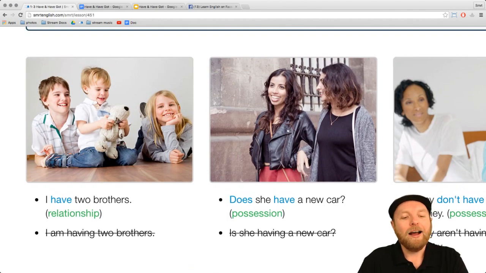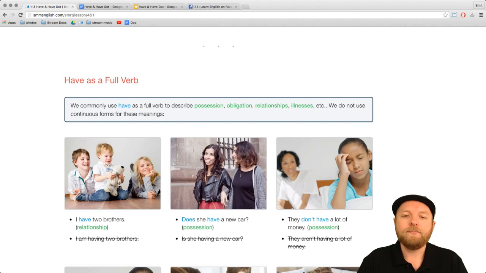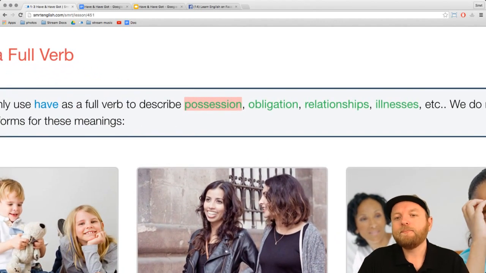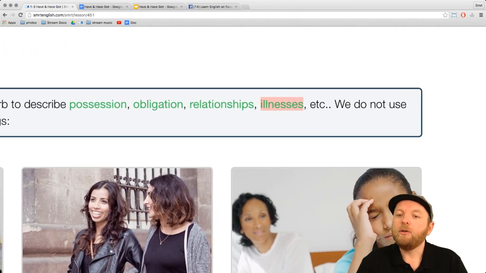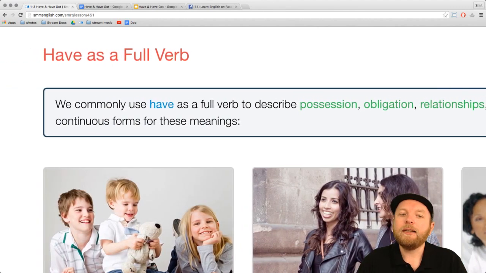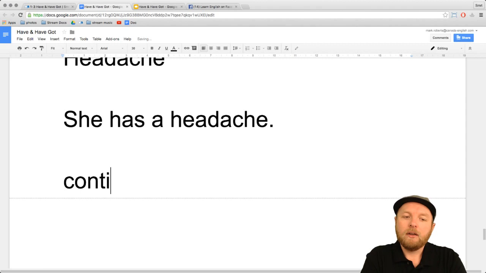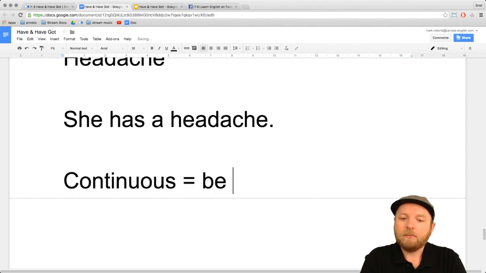Now, I forgot to talk about this, guys. When we are talking about possession, obligation, relationships, or illnesses, we do not use continuous forms for these meanings. Continuous means be plus a verb with ing.